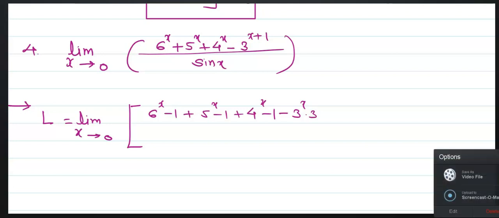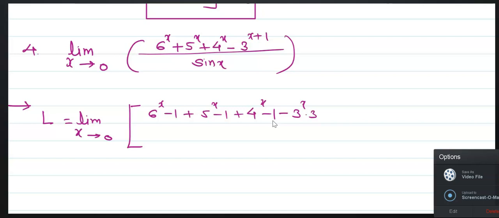Now see this, this is the important step. That is 6^x − 1, that will be required. 5^x − 1, that will also be required. 4^x − 1, that will also be required. Minus 3^(x+1). Now this 3^(x+1) can be written as 3^x into 3^1. But again, there is a minus 1 and minus 1 that we are taking extra.